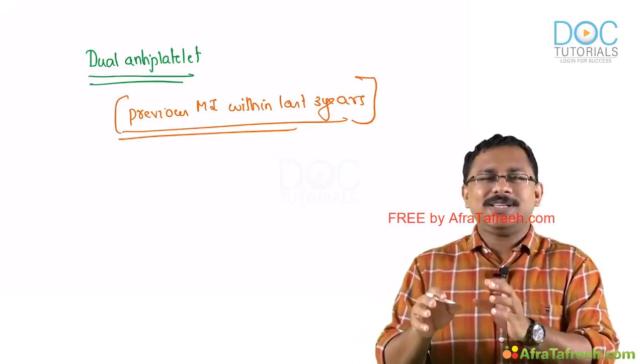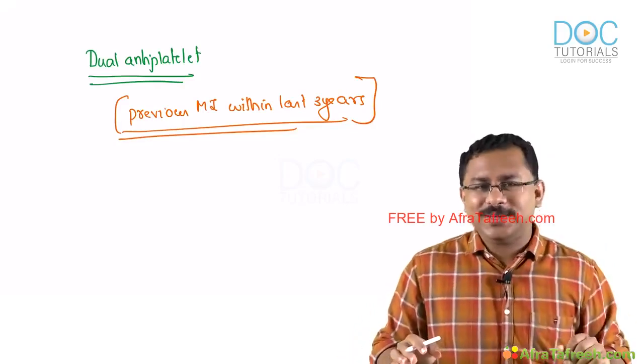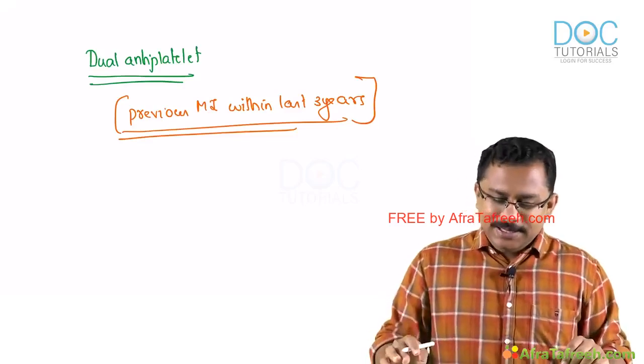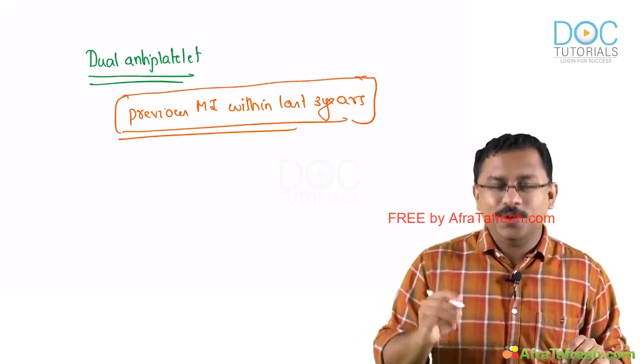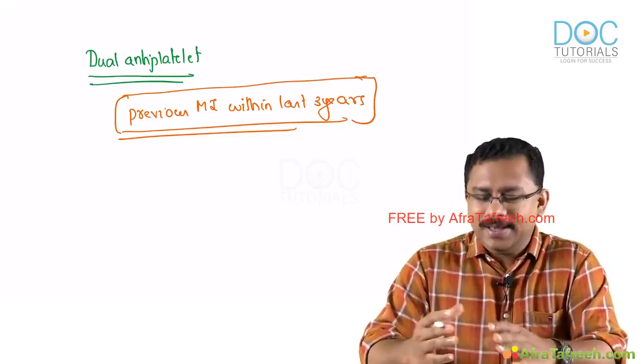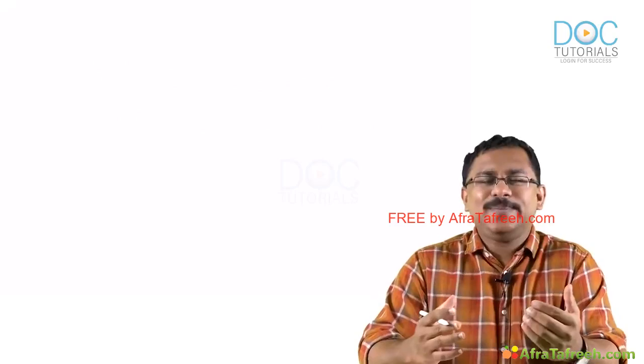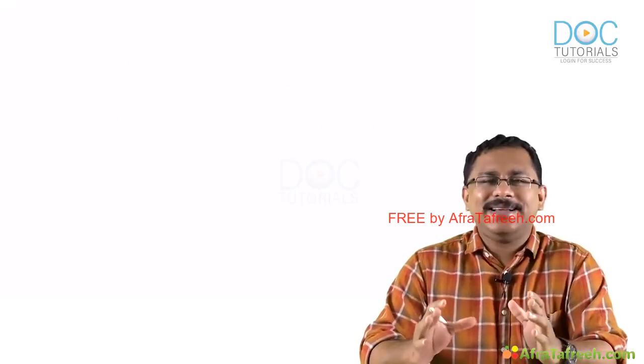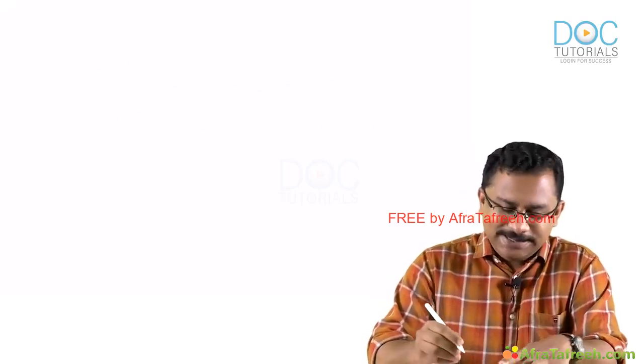So the ones which I will be quoting are with respect to the European Society of Cardiology. So dual antiplatelets only if you have a previous myocardial infarction within the last 3 years. All right. This is about the antiplatelet therapy in case of a chronic stable angina.